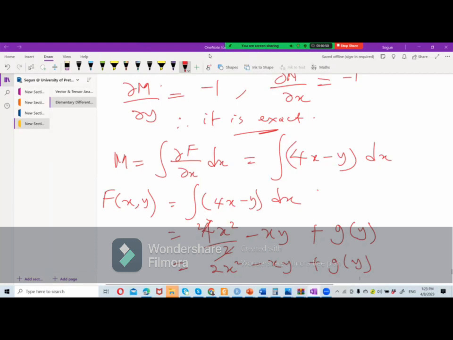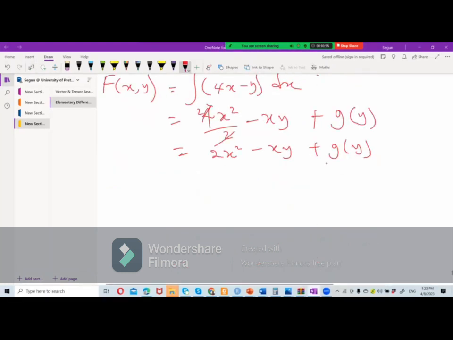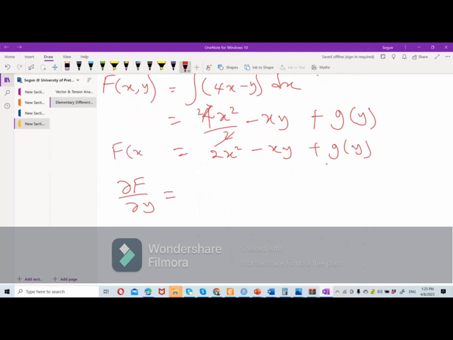Any question? So we can proceed by saying df dy is equal to that. Differentiate this f with respect to y now. So we are going to have, this is 0, we're going to have minus x plus g prime of y.